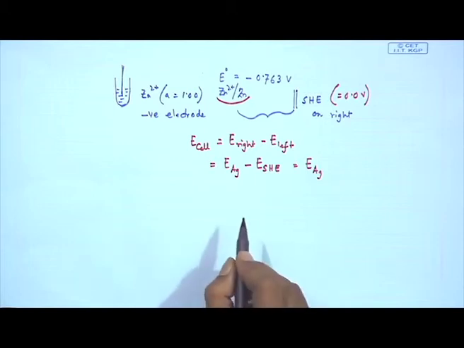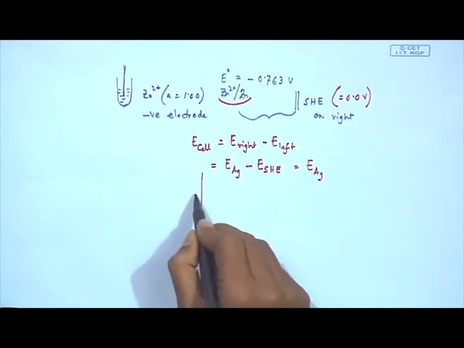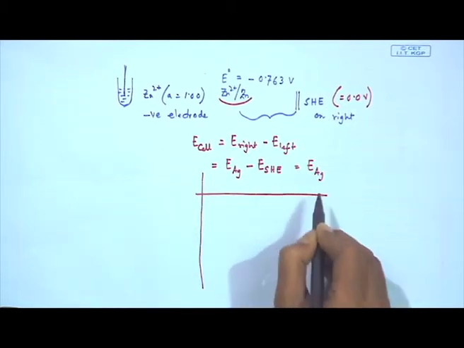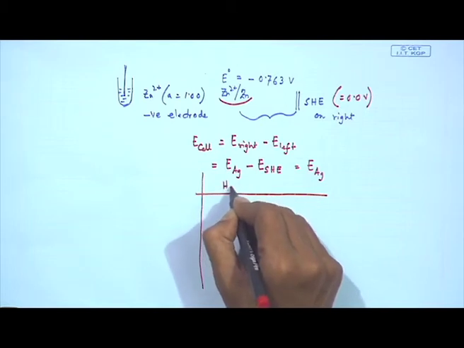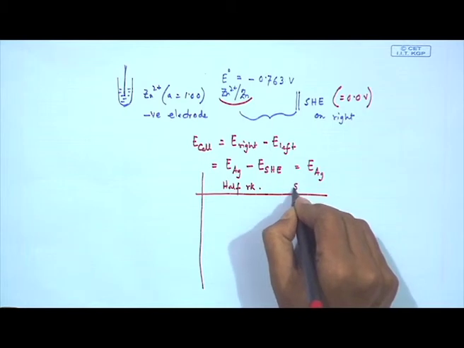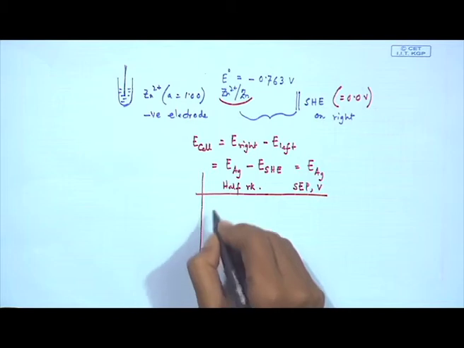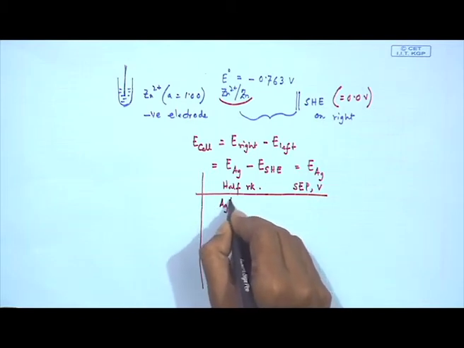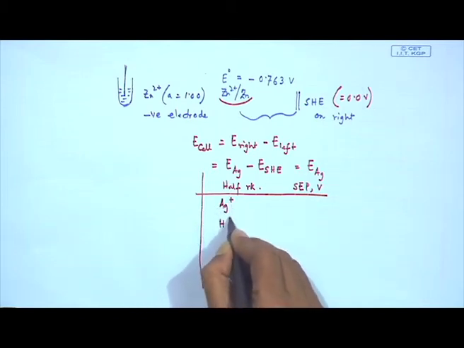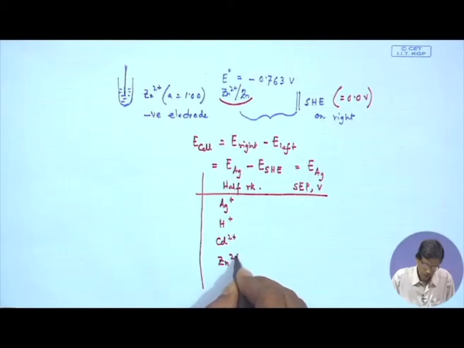So, that way we can develop all these things, and now as we have seen the qualitative picture, we can have the corresponding half reactions and the standard electrode potential in volt, so that we can arrange all of them: the silver ion, the hydrogen ion, the cadmium 2 ion and the zinc 2 plus ion.